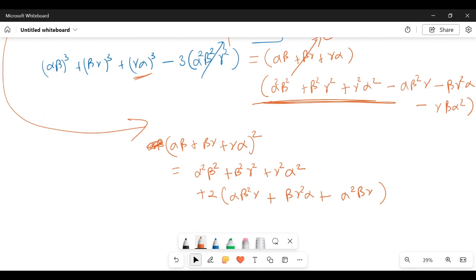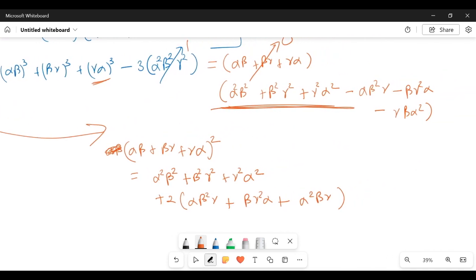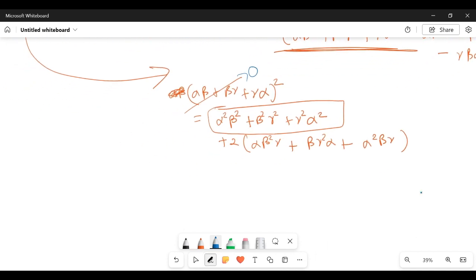Now first, this would go to simply 0, right? Alpha beta plus beta gamma plus gamma alpha is simply 0. So this becomes minus 2 times of this whole thing.